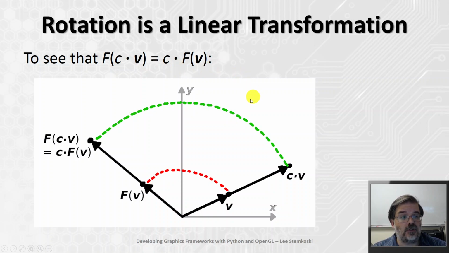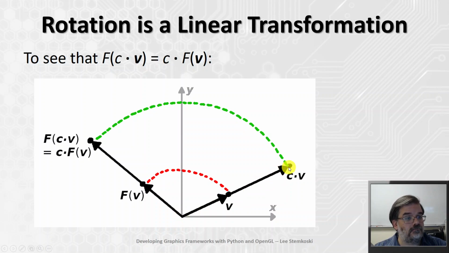So to see why this is true, let's begin by considering the endpoint of the vector v. And let's assume that it's some distance d from the origin. Now if we multiply this vector by c, we end up here.